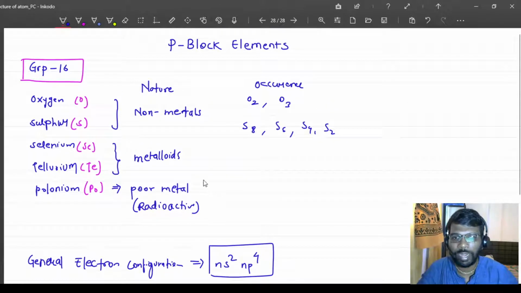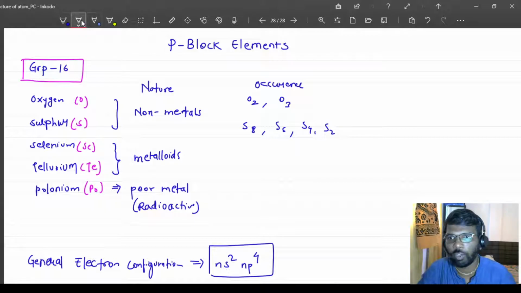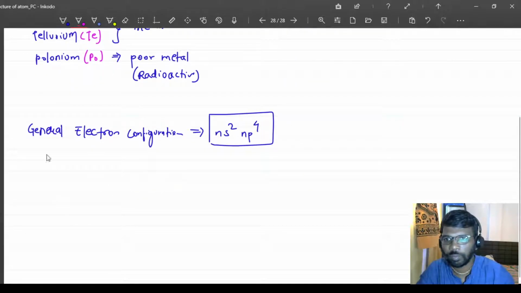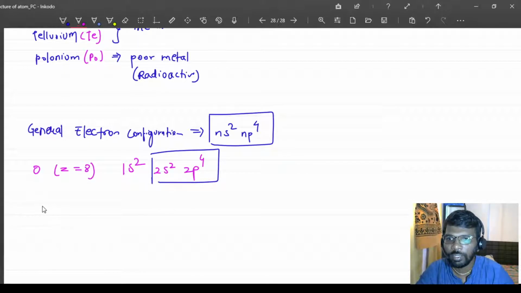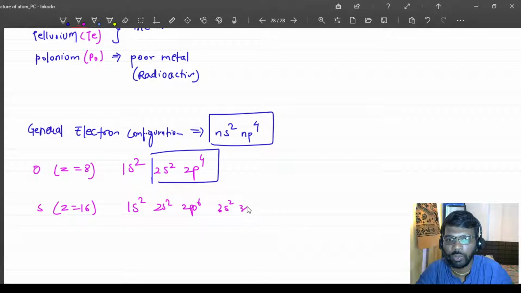Means if I want to write the electronic configuration, let's say for oxygen where Z is equal to 8, the electronic configuration would be 1s2, 2s2, 2p4, right? And this is the outermost electronic configuration. Same way, sulfur's atomic number is 16, and the electronic configuration is 1s2, 2s2, 2p6, 3s2, 3p4.